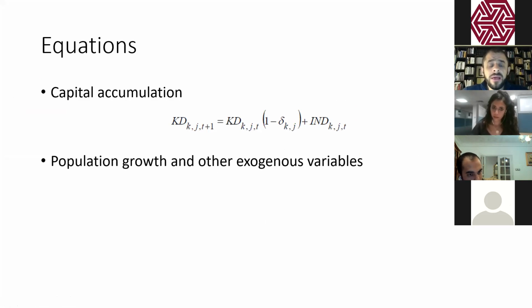Okay, and after this, why is that important? Because in this case, the accumulation of investment will increase the stock of capital, and the stock of capital will affect the production, right? Yes.